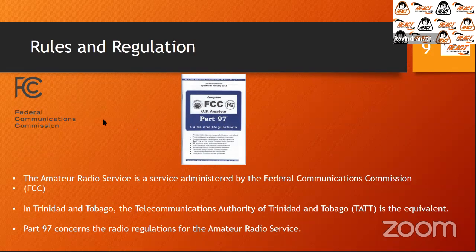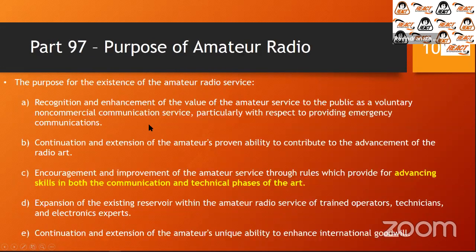It's also freely available on our website, but if you prefer a book, you can get the Part 97 Rules and Regulations. As a matter of fact, I think I did circulate that to all participants on the first day of class. So you should already have the Part 97 document with you. A lot of the stuff that we go through, those regulations come straight out of Part 97, word for word.